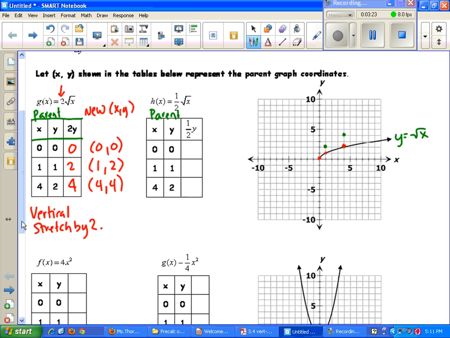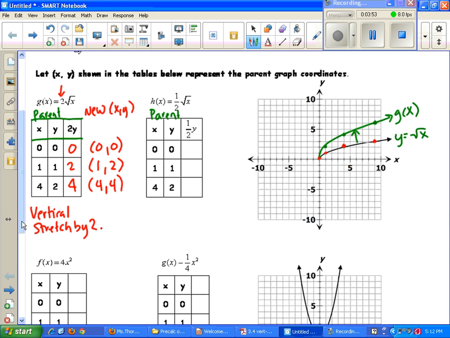And if I keep going, a y value of 3 times 2 is going to give me 6, so this would be 3, 4, 5, 6 right here. So this graph that I'm graphing is g of x. And what did we do? We took our y values and we stretched them up away from our x-axis. That's why it's called a vertical stretch by 2.